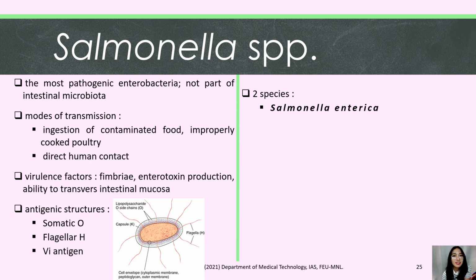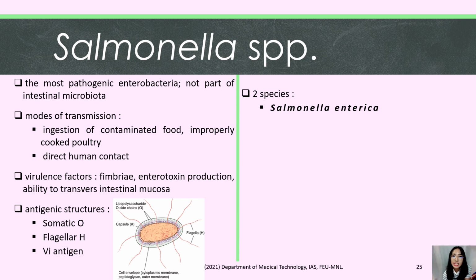Pero po para sa Salmonella, their K or capsular antigen is otherwise known as the V or VI antigen. So the serologic identification of the VI antigen is important in identifying Salmonella serotype Typhi.